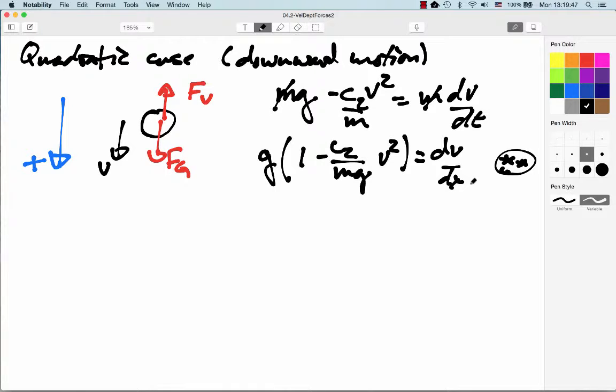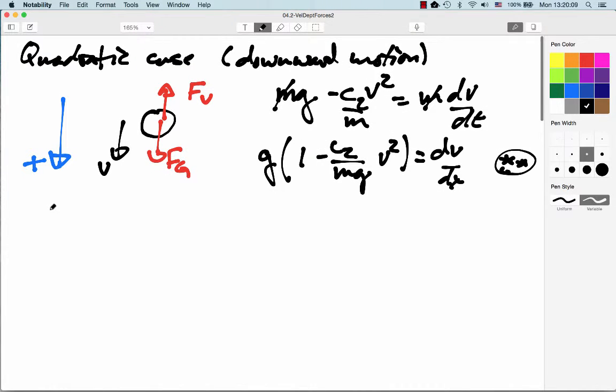So let's go ahead and find our terminal velocity. Now before, we just went ahead and solved for it and then let t go to infinity and see where that got us. This time, if we can be clever, that would be better. And so we'll try to be a little bit clever.